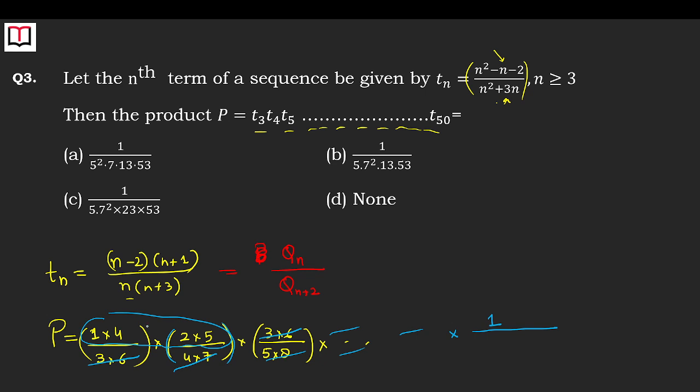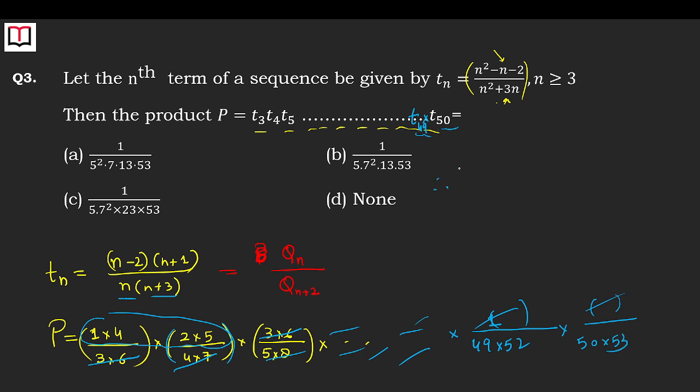Okay, so we started with n is equal to 3. So n is equal to 49, n is equal to 50. These are the last two terms. So replace n by 49. And since we are going to have it in the denominator, so 49 into 52, and the last one will be, I'm not writing anything in the numerator. Okay, that's not our concern because in any case they will get cancelled. So 50 into 53.